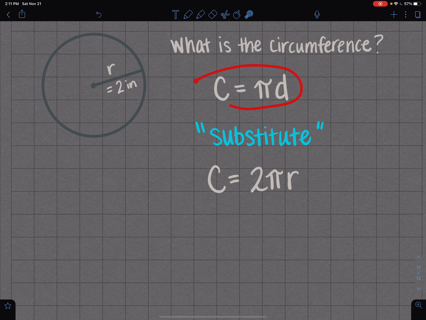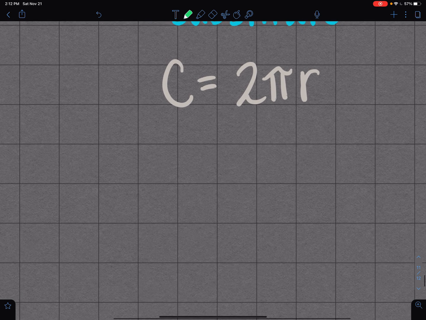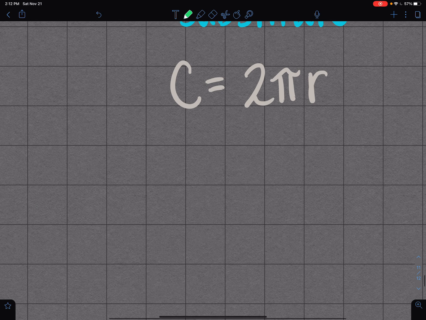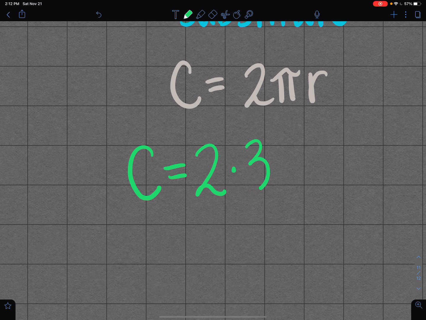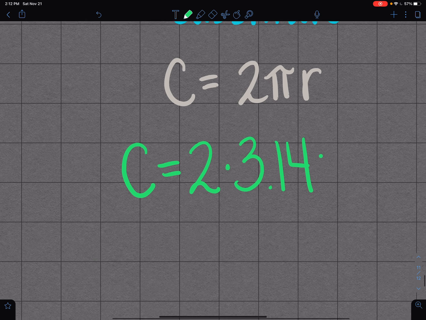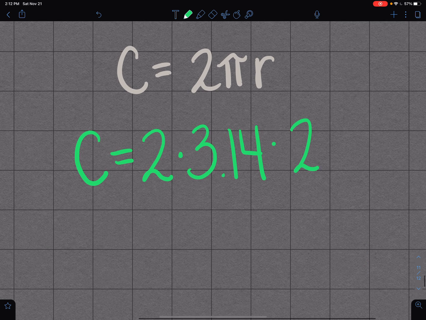You could do that if you wanted to, but I'll just do it this way and do c is equal to 2 pi r. So what we do is we substitute. C is equal to 2 times pi, which is 3.14, times the radius, which they told us is 2 inches, period.